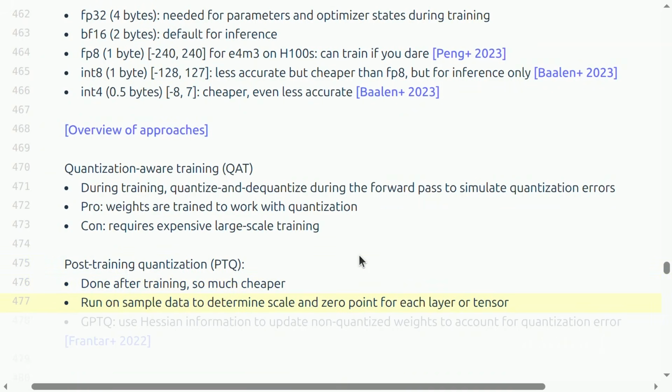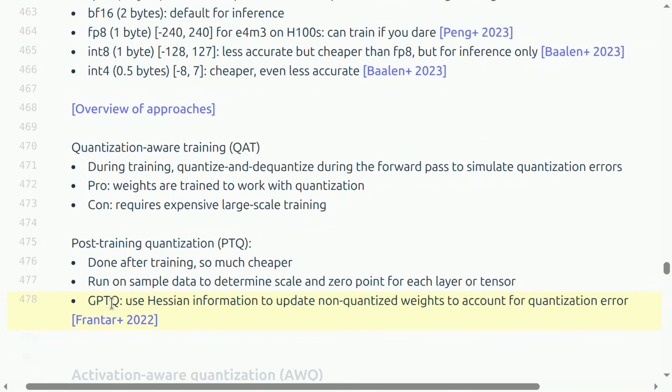There's a naive way to do it, where for every layer or tensor, you determine the scale and the zero point, and then quantize each separately. This generally doesn't work as well. You can use an idea called GPTQ, which uses some Hessian information to quantize layer by layer, and you keep track of the errors which get propagated into the non-quantized weights, which allows you to correct for the errors.